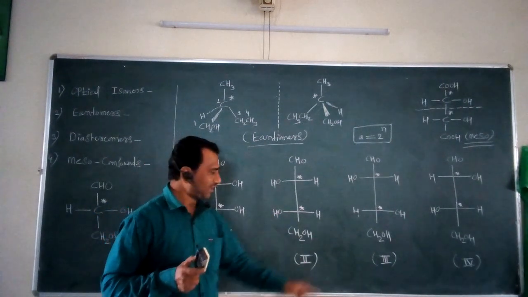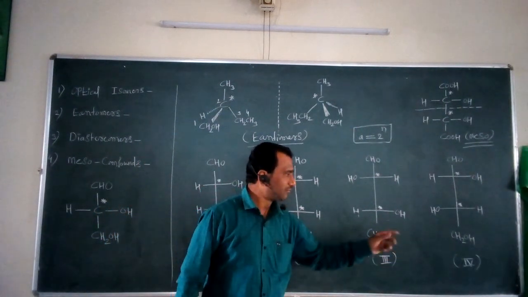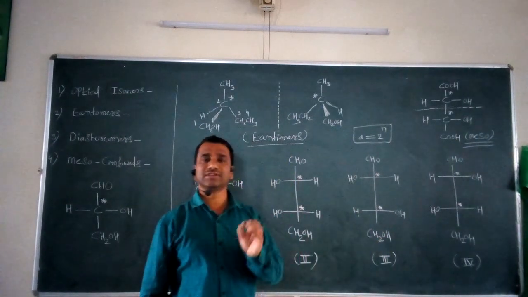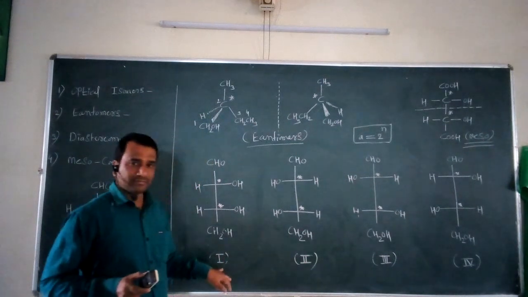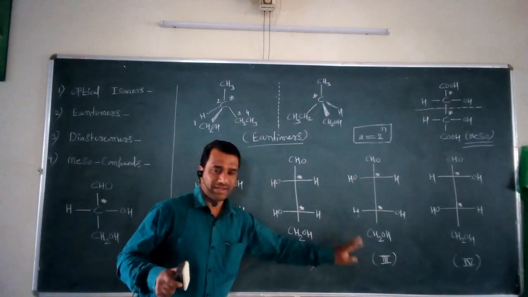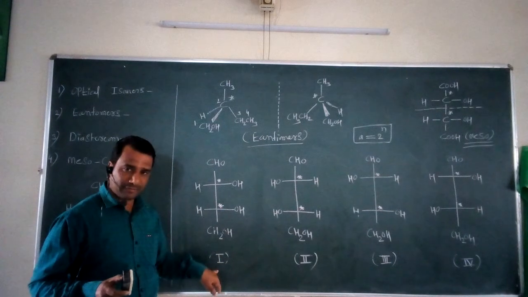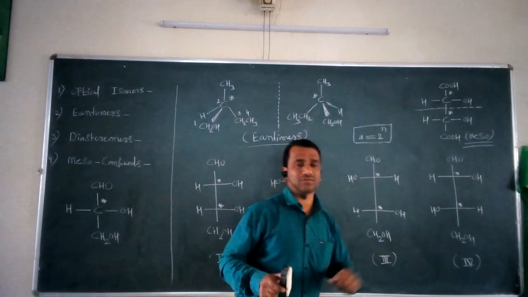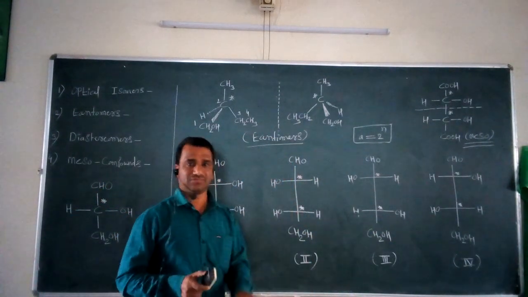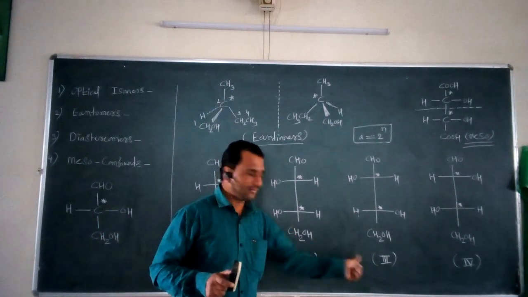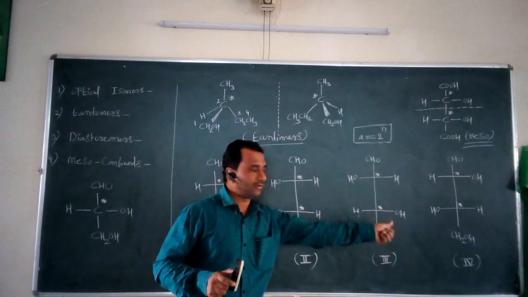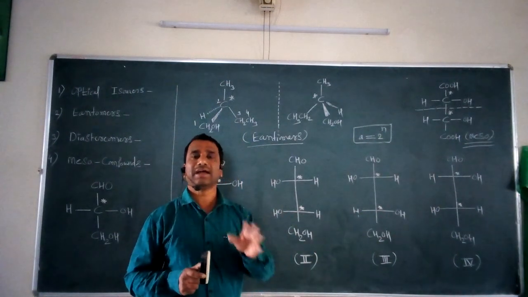At the same time, isomeric form number 3 and 4 are again called the enantiomers of each other. At the same time, isomeric forms number 1 and 3, as well as 1 and 4, are called the diastereomers, as well as isomeric forms 2 and 3, and 2 and 4, again called the diastereomers.